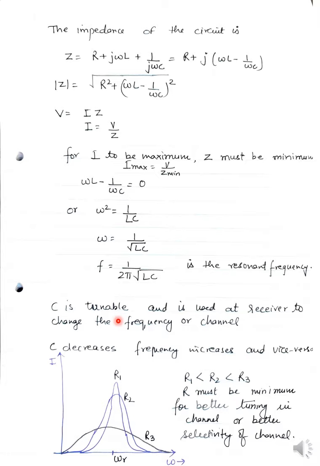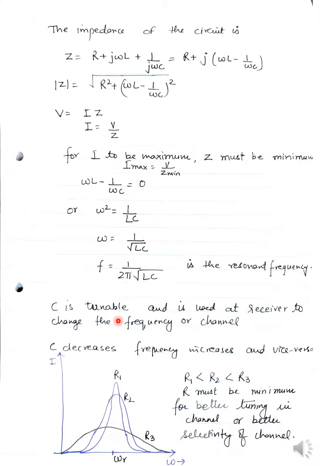capacitance is tunable. When I say tunable, you can vary the value of capacitance, and it is used at the receiver to change the frequency or channel. So what's the use of this kind of circuit in communication systems? It's basically used at the receiver. Suppose we have 4 different users; all the different users will be using a different set of frequencies, or you can say a different channel.